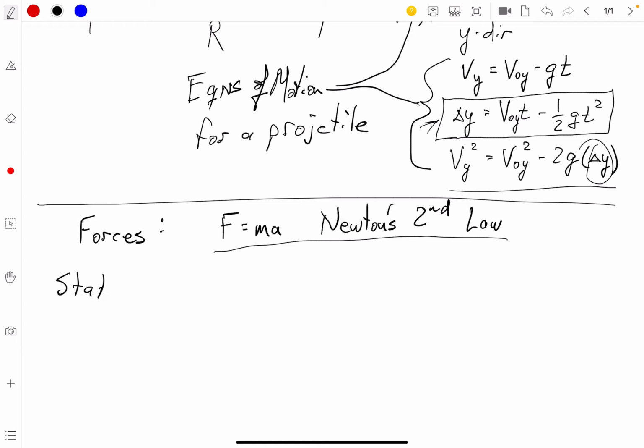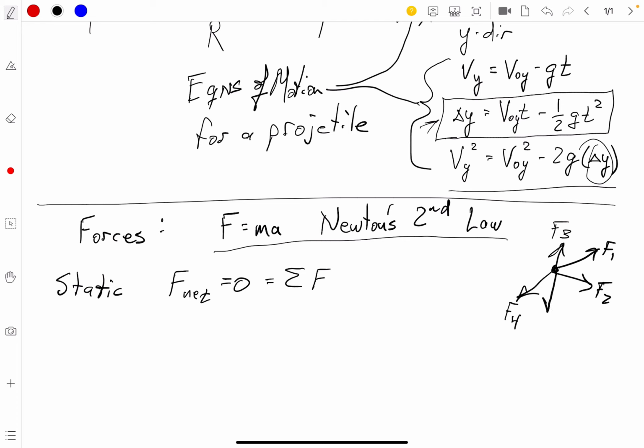Okay, so what are we dealing with? We could have static situations where F net is equal to 0. But what is F net? F net is equal to the sum of all forces acting on the object. So here's our object. We have a bunch of forces: 1, 2, 3, 4.